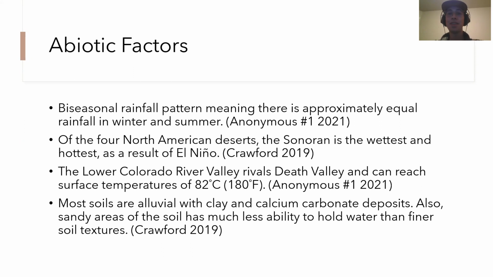And then the Lower Colorado River Valley rivals Death Valley in temperature, which I thought was really interesting. We always talk about Death Valley being the hottest place on Earth, but they've recorded that the surface temperatures of the Lower Colorado River Valley can reach up to 82 degrees Celsius or 180 degrees Fahrenheit, which is pretty dang hot.